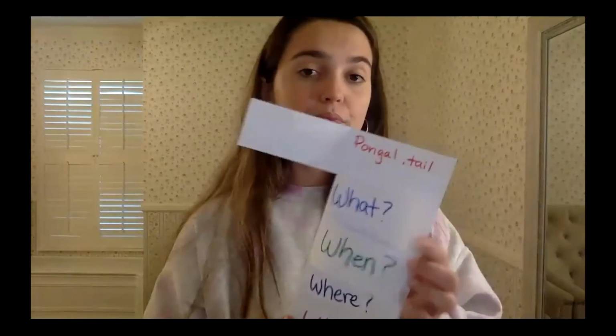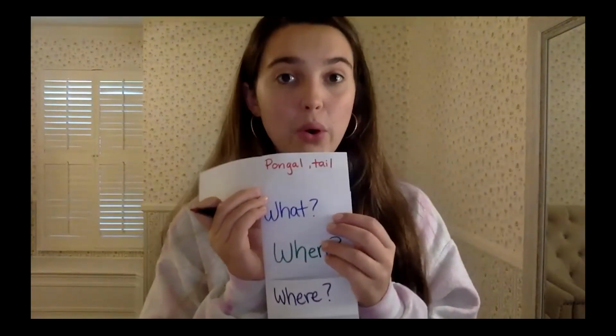But I would actually say I would call the tail a character, because we actually followed the tail around and we followed the story that the tail put forward. It almost became like its own thing. So I'm going to put the tail. These are the two most important answers. If you want to go into more detail, you can. So another example would be camel. We saw a camel in the story.